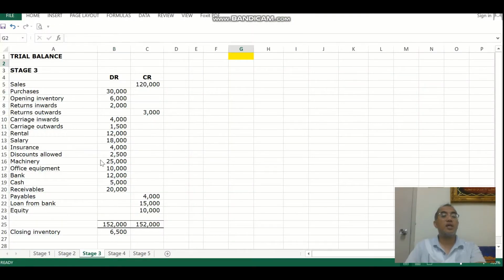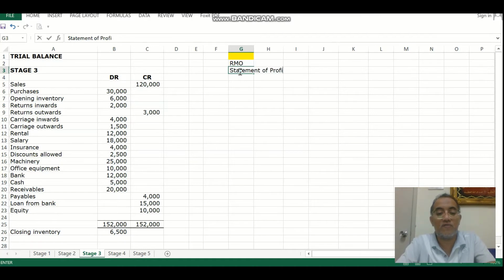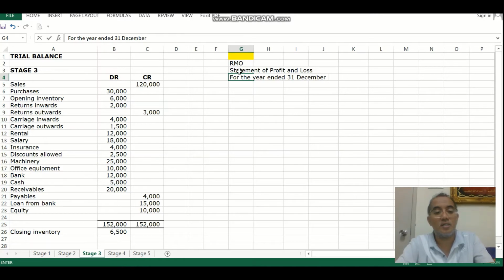Okay, as usual, I have copied the question. Let's start with the label first. I'm using the old RMO, the restricted movement order. Statement of profit and loss for the year ended 31st December 2020.